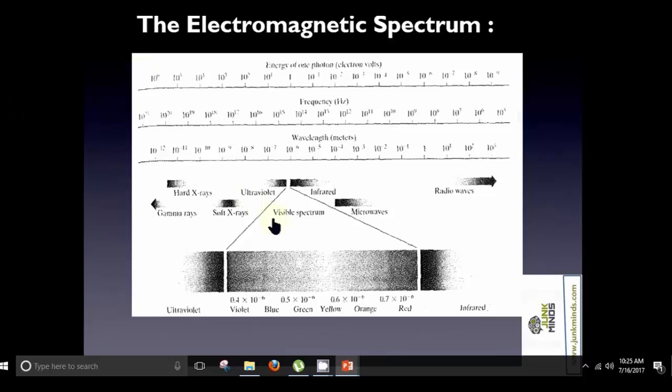Now, the next wave that is involved is the ultraviolet wave. These ultraviolet waves have higher energy than light waves. They can cause skin cancer and blindness in humans.